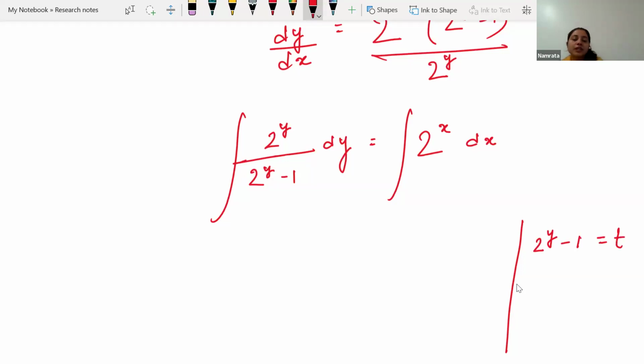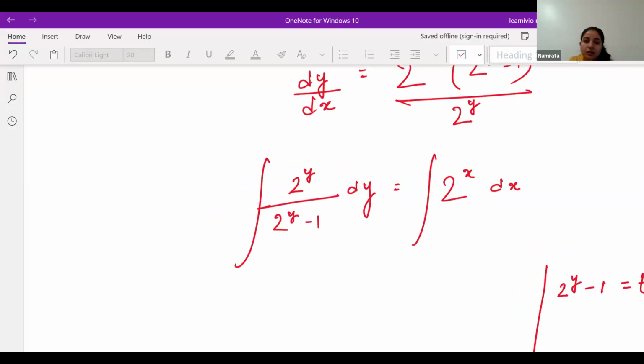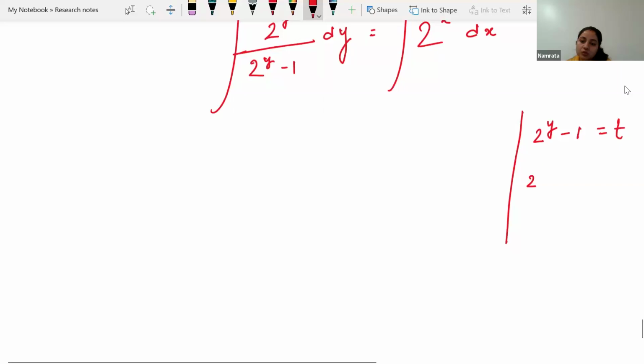Can you tell me the derivative of a to the power x? What is the derivative of a to the power x? It's a raised to the power x log a. So we will be using 2 raised to the power y log 2 dy is equal to dt.